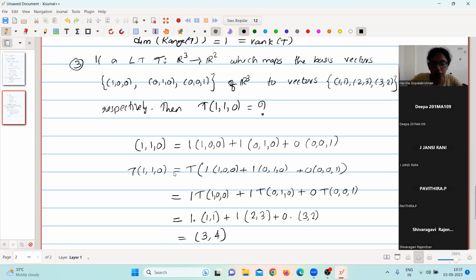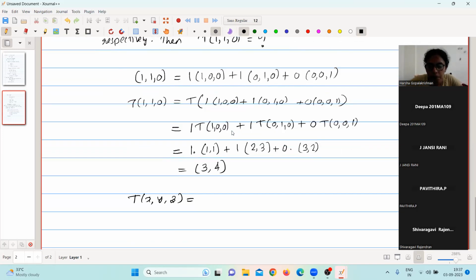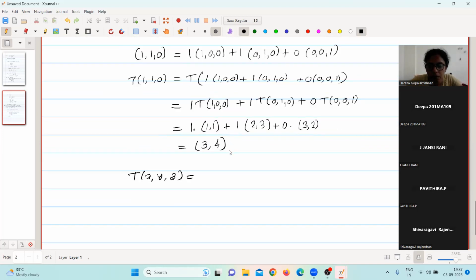Just like this, what will be the explicit form of T of (x,y,z)? Simply we can equate the elements on both sides, ma'am. Equate means how? Can you be more specific?